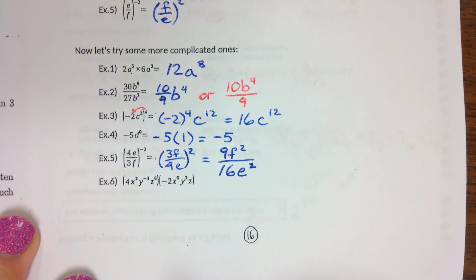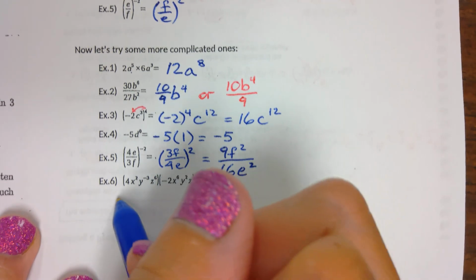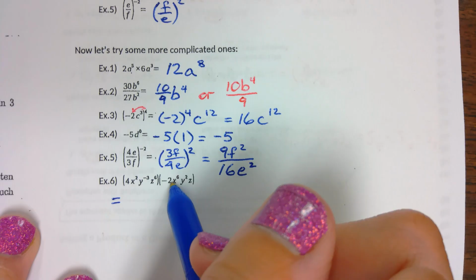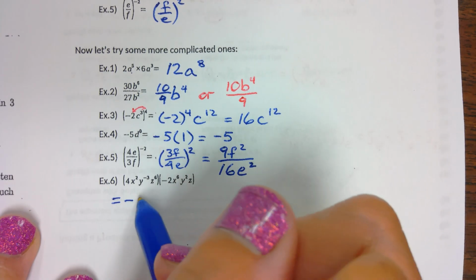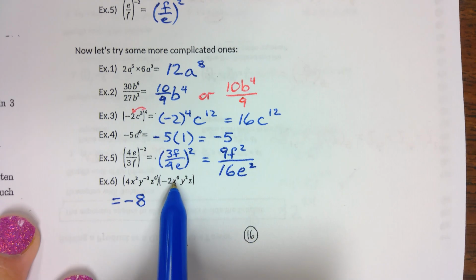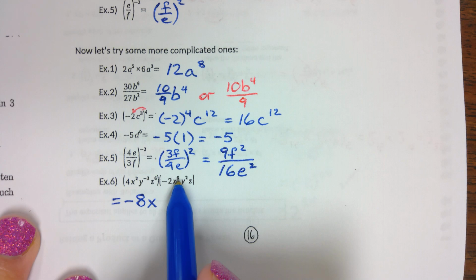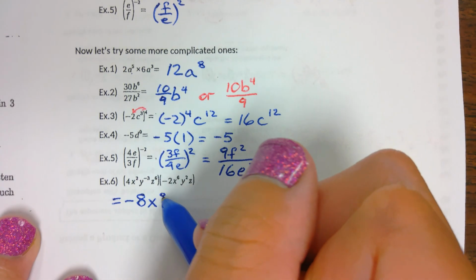Final example. Genevieve, you want to lead us through this one? X squared times x to the 6. Did it like 2 plus 6? Yep. 8. Good.